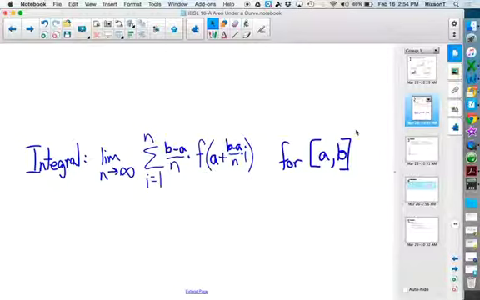Wait, I don't understand why the limit as n goes to infinity is in front of those things. Because we want to make the number of rectangles approach infinity, so that we're minimizing how much of that extra stuff we're getting, right?